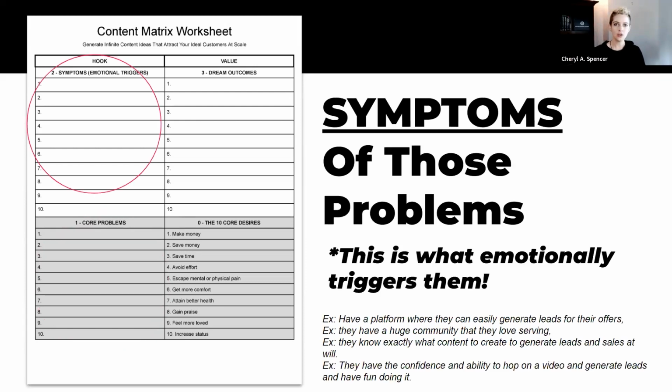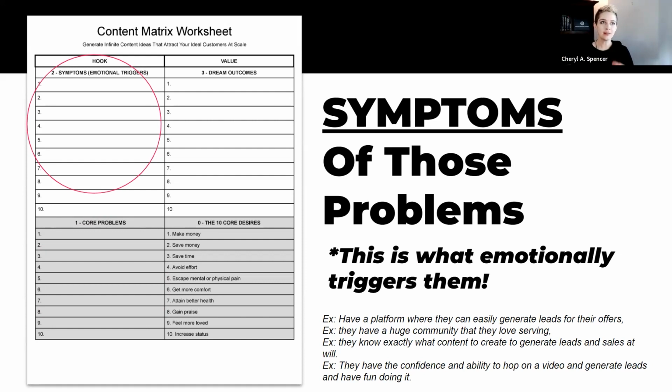Next, let's go into the symptoms, because this is really key. People are going to be aware of the core problems that they have, but that's not a good hook. That's not going to get people to move, because it's not emotional enough.